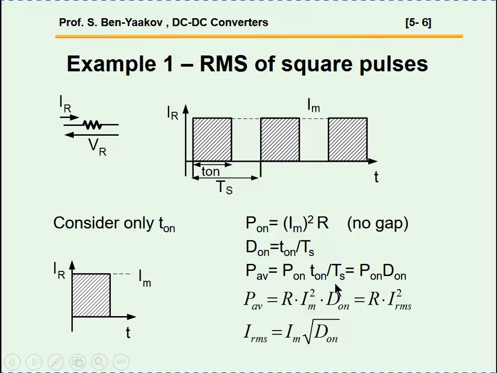So once replacing P on with this value, here is what I'm getting: R times I m peak squared times D on. This is now actually I RMS squared. So therefore the RMS is this peak value times the square root of D on.